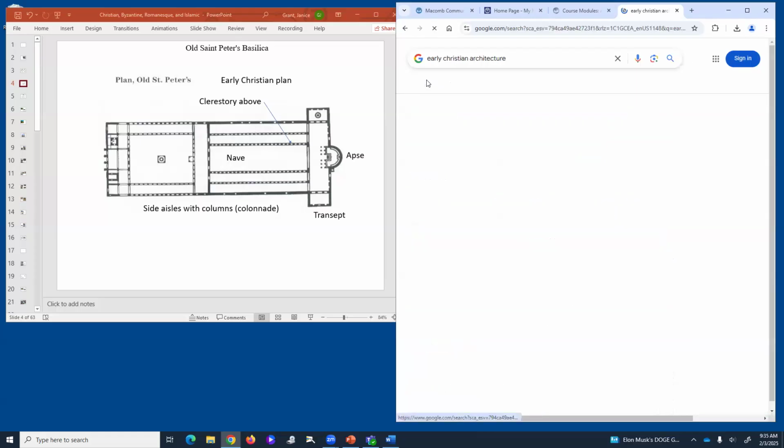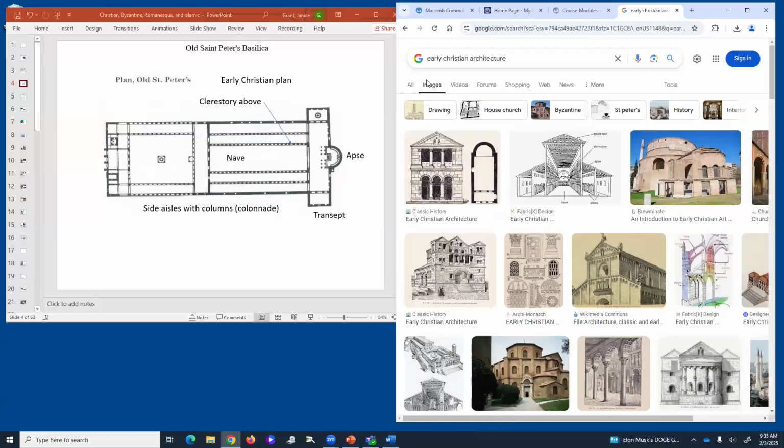Show you what I was talking about there. See how we're talking about a glimpse of those images, and this is early Christian.